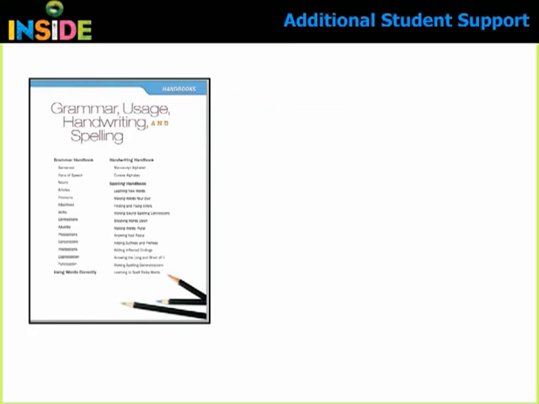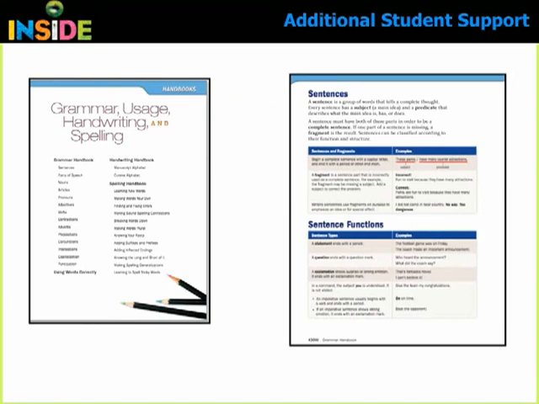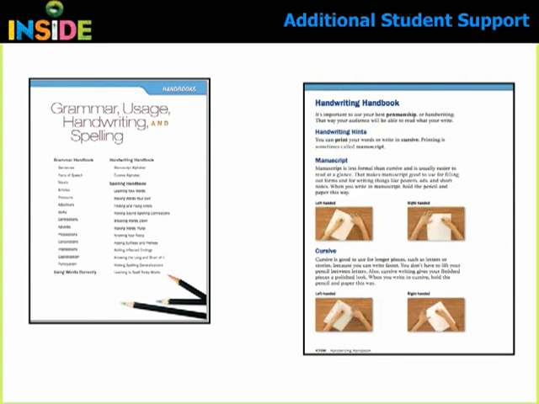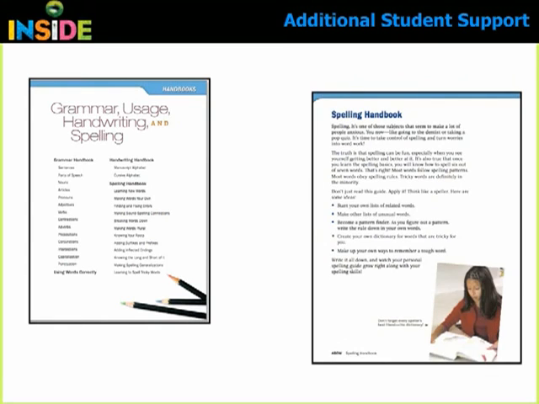These resources are also accessible to students online. The writer's files, which include samples of different types of writing forms for students A through Z, as well as writing organizers. A variety of handbooks are also included to help students with grammar usage, handwriting, and spelling.